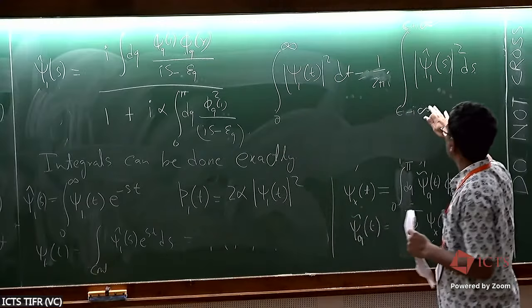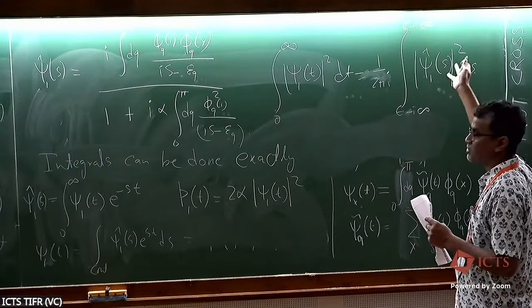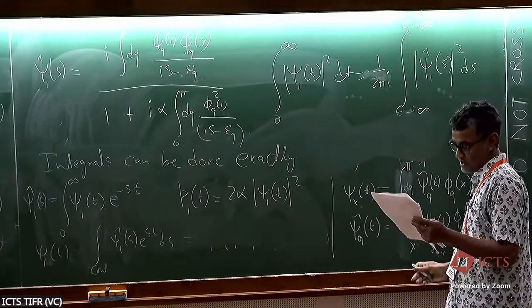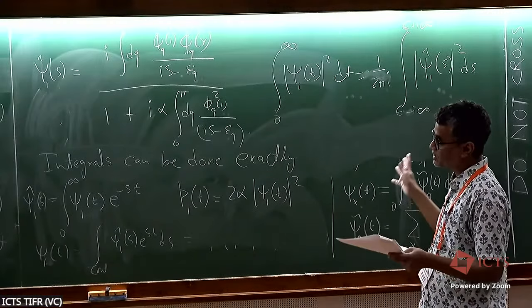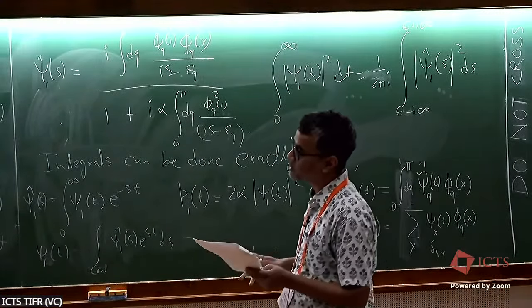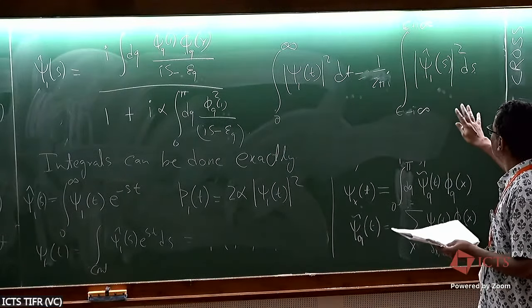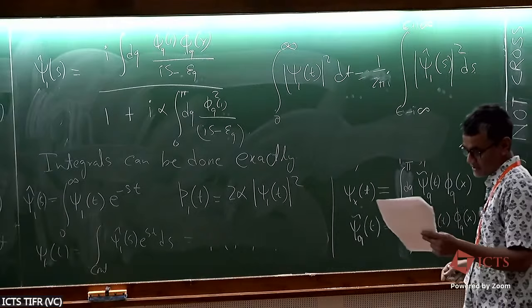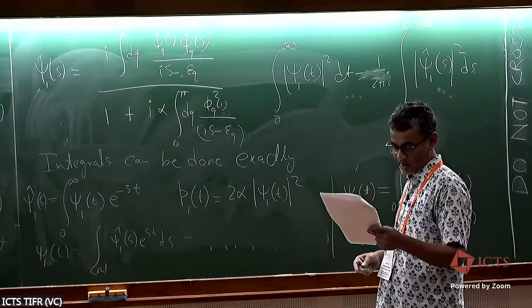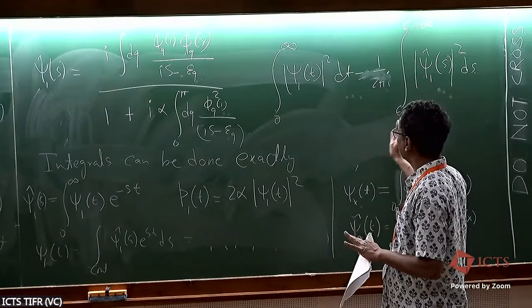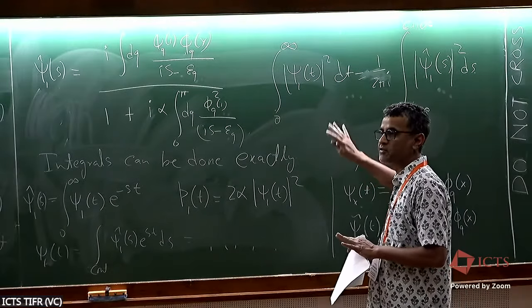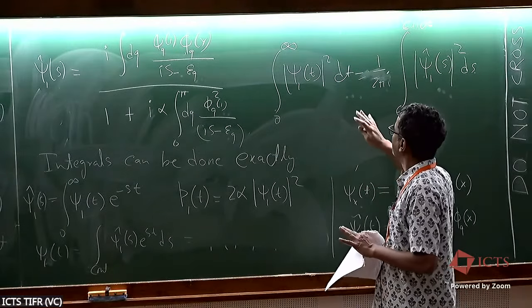It turns out that you can actually do this contour integral also. I had this really amazing student, Varun Dubey, who was really good at it. It's not a simple integral, but he could somehow do this exactly, and so we have a closed form expression for the survival probability in this problem.